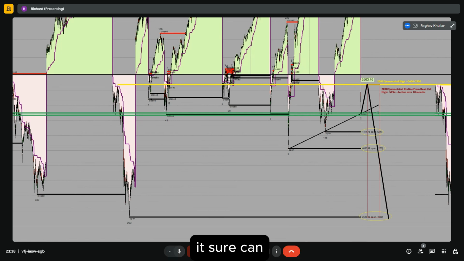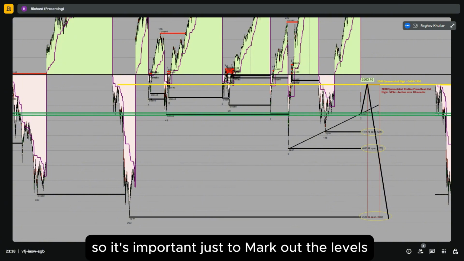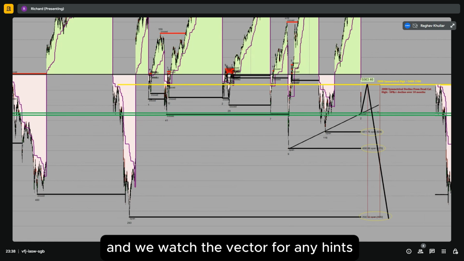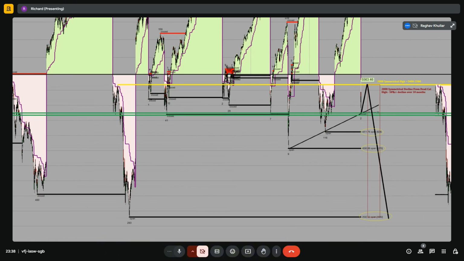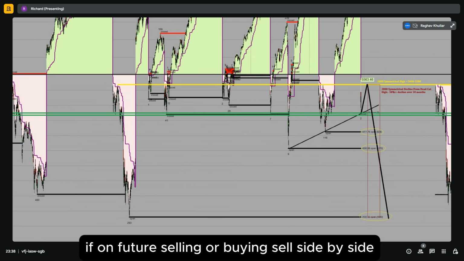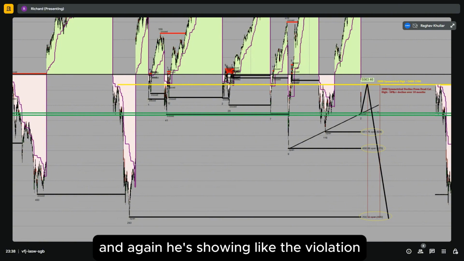It sure can. So it's important to mark out the levels, watch the price action around the levels, and watch the vector for any hints of entry into puts or shorts, or, if on futures, selling or buying, sell side, buy side. And again, he's showing the violation.